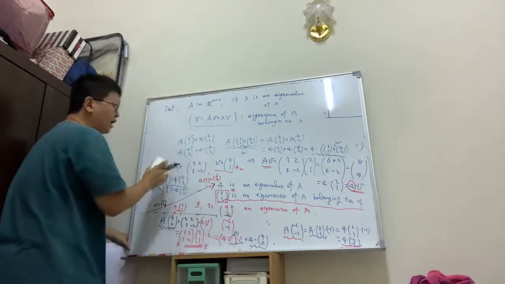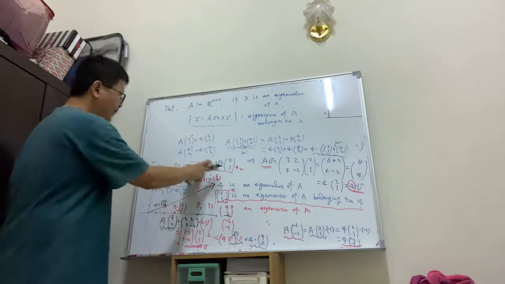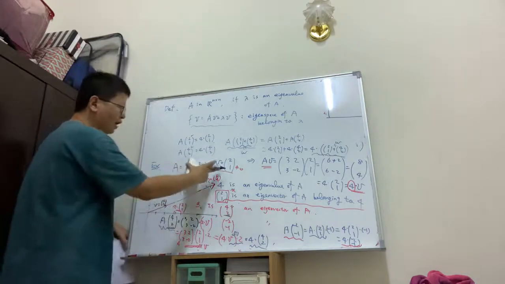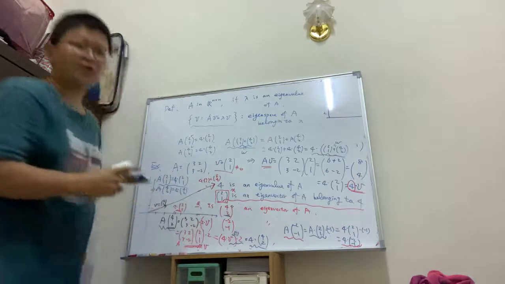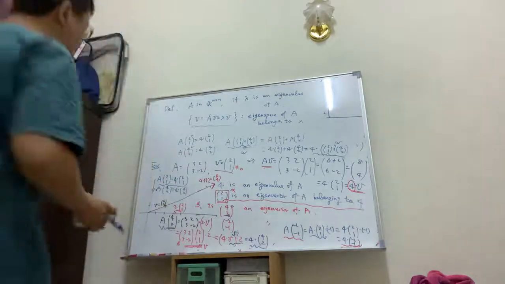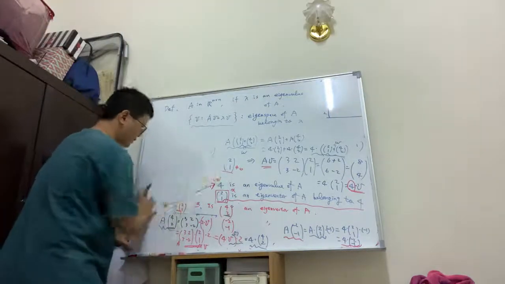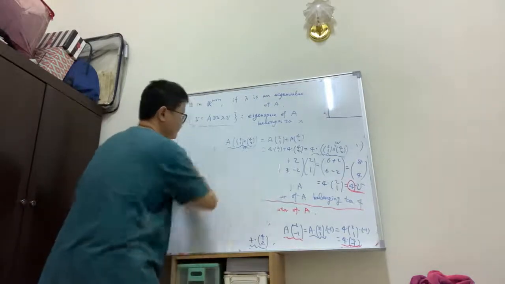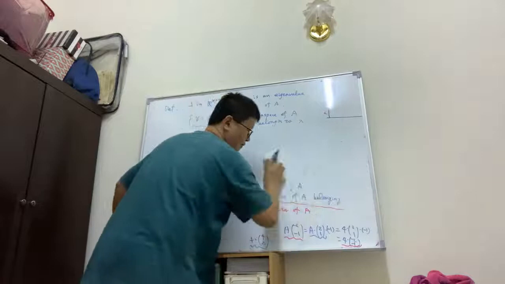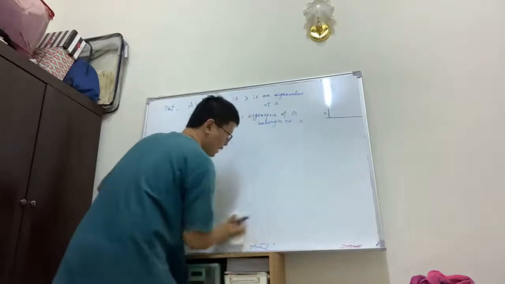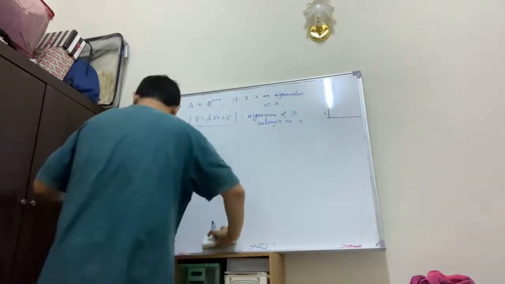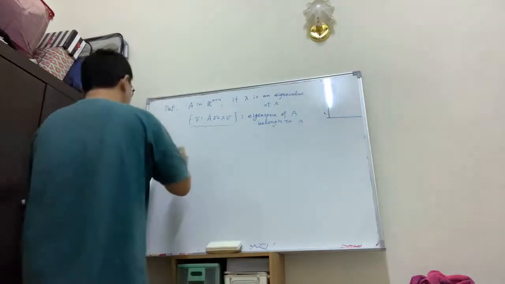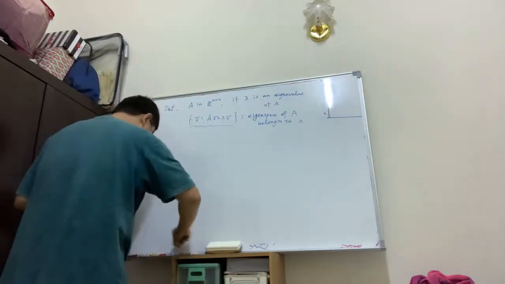Okay, so now our question is to figure out the eigenvector. How do I know this vector? How do I choose it? So now I want to figure out this vector.